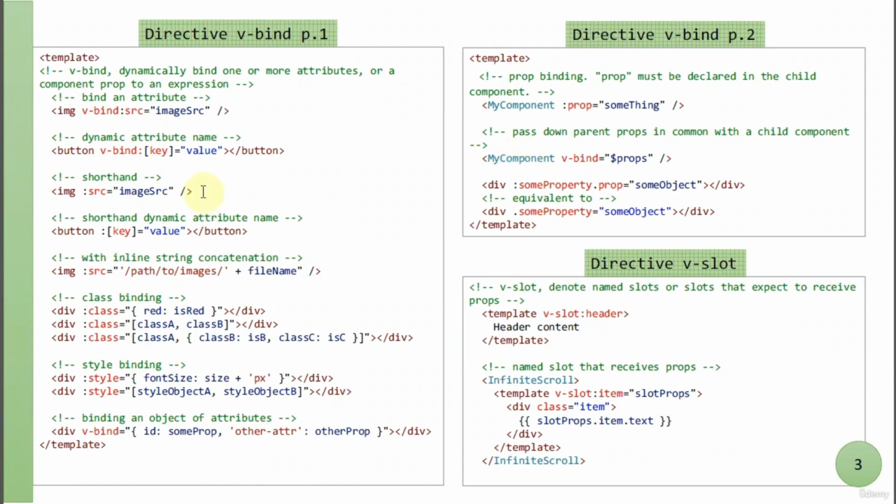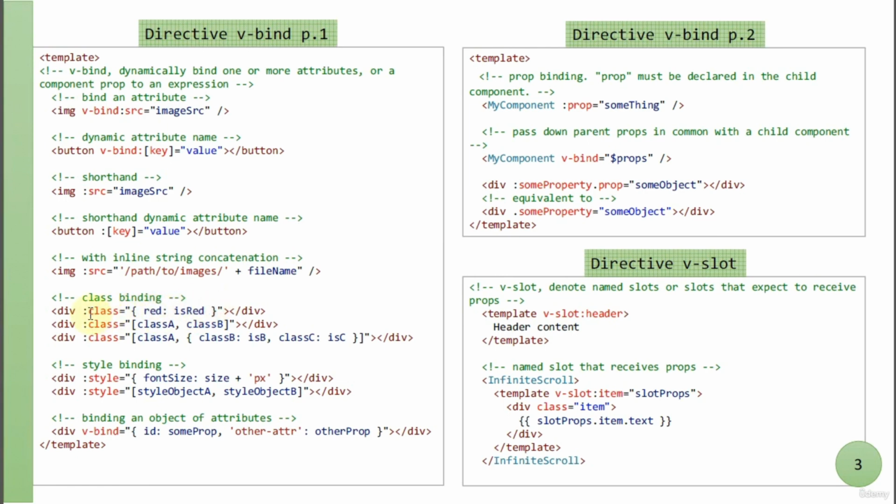So let's continue. The next feature is inline string concatenation. It is easy. The next is class binding. In this case, you can use some options. First of all, you can use condition object. In this case, if is red true, a class will be red.